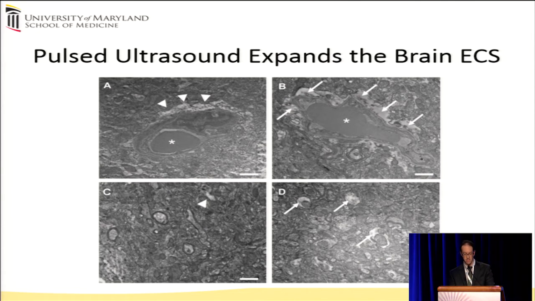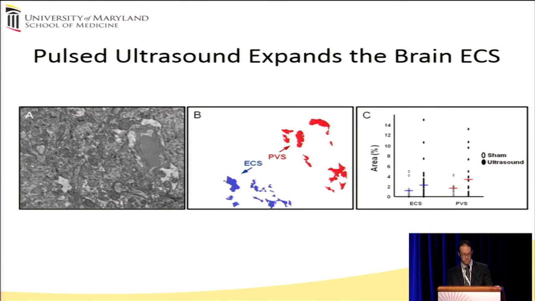We saw that in the ultrasound-treated slices on the right-hand side, the extracellular spaces, which you can see at the bottom, and particularly the perivascular spaces at the top, were larger and more prevalent than in the corresponding sham-treated slices on the left-hand side. Using a MATLAB script to quantify the spaces in each image, we confirmed that the area taken up by the extracellular and perivascular spaces was in fact larger in the sonicated slices.